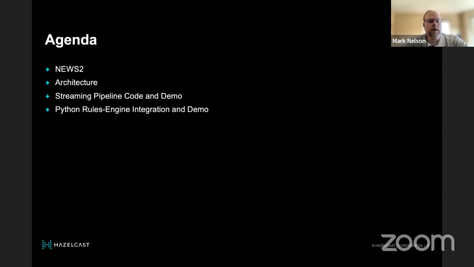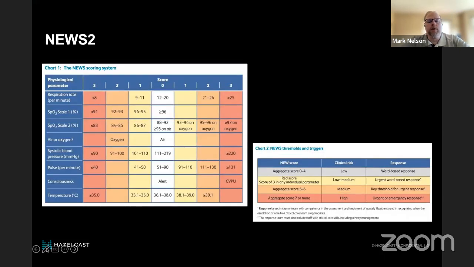So let's go on to the News 2. News 2 was developed out of the Royal College of Physicians of the United Kingdom. The essential purpose of it was to come up with an algorithm or a set of parameters that are typically recorded manually across the day for a patient.